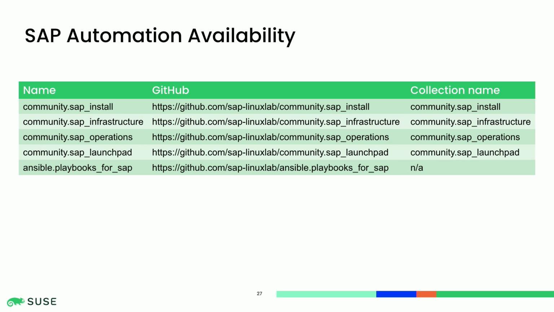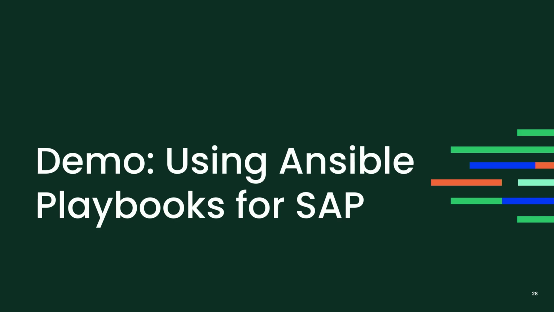The first four roles are in GitHub and in the Ansible Galaxy collection, and the name you can see in this slide. For the last one, we do not have a collection name, because it's a playbook. Okay, let's go to the demo.